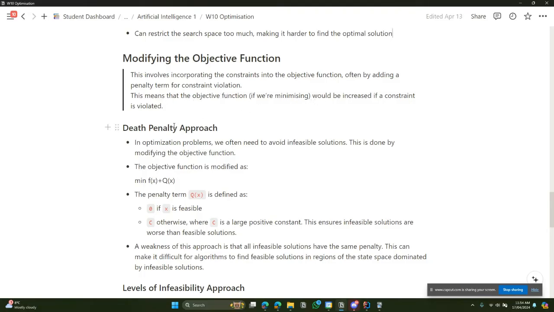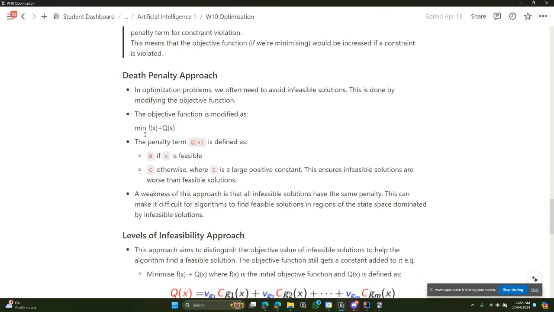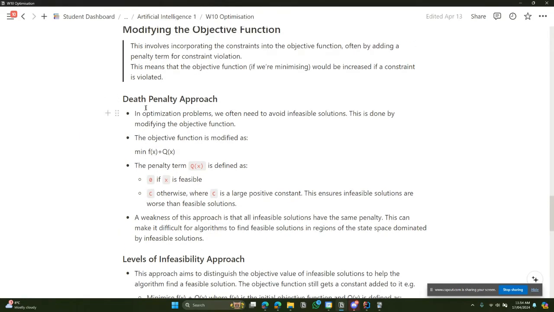Cool. So let's look at a prime example of that called the death penalty approach. What death penalty does, it's kind of like sentencing certain solutions that have been generated to death. So in optimization problems, we often need to avoid infeasible solutions, like avoid generating them in the first place. And this is done by modifying the objective function.